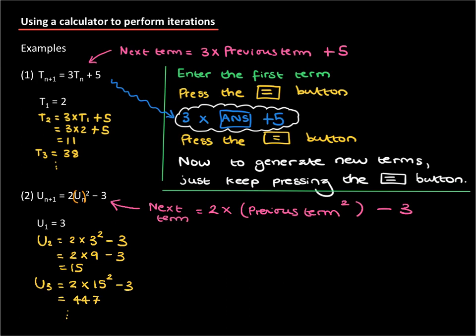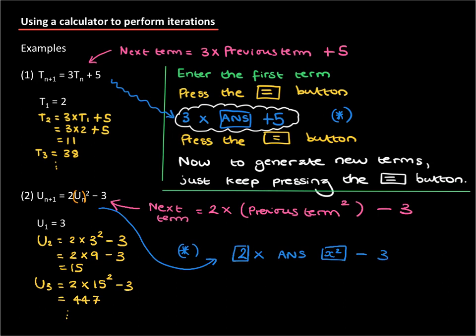So you need to follow all of the steps that we set up previously, except this time when it comes to the blue step over here, you need to make sure you enter the correct iteration formula for this particular question, which means you need to input 2 multiplied by answer squared. And of course you've got the squared button, which looks like this on most calculators, x squared, and then subtract 3.